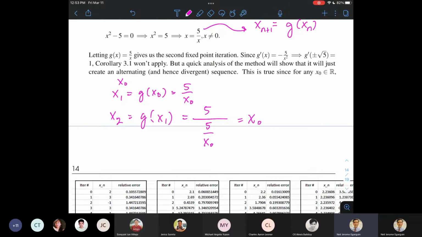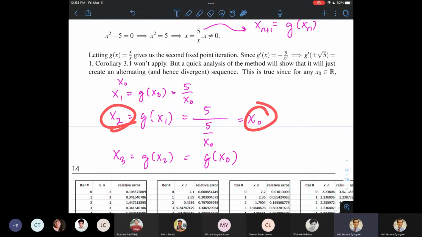Yes. Tapos, x sub 0 na ulit, no? So, ibig sabihin si x sub 3 ay g of x sub 2, which will be g of x sub 0. Okay, kasi ang x2 ay x sub 0. G of x sub 0 is again 5 over x sub 0. So, si x4, x sub 0 ulit. Si x5 ay 5 over x sub 0.